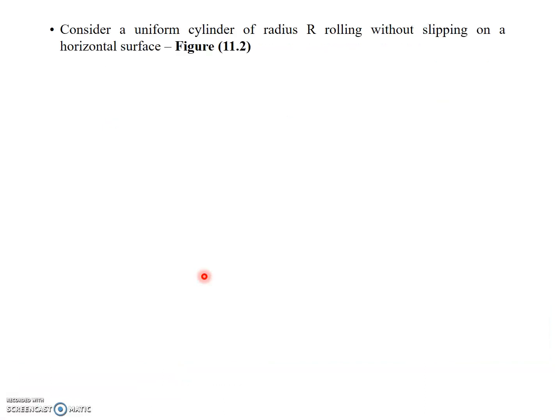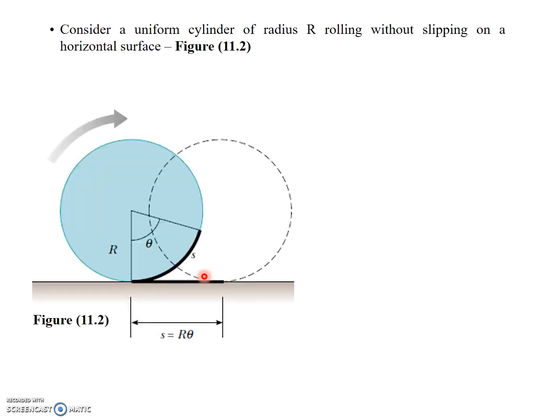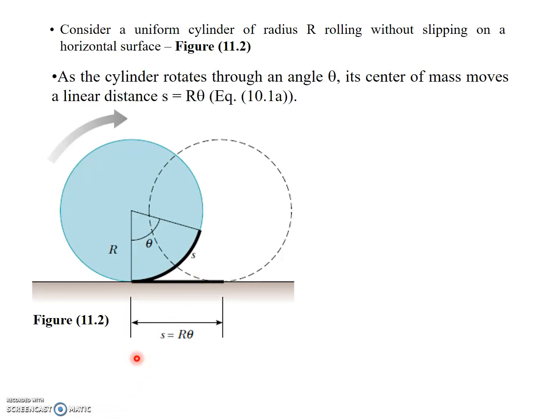Okay, consider a uniform cylinder of radius r rolling without slipping on a horizontal surface, as in figure 11.2. As the cylinder rotates through an angle theta, its center of mass moves a linear distance s, where s is given by r theta.